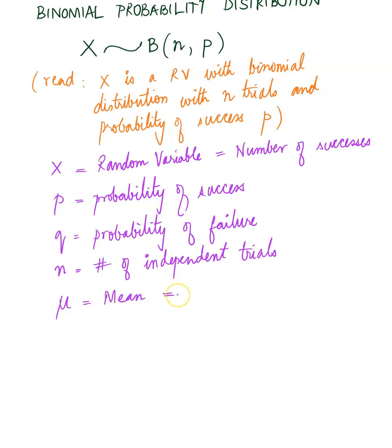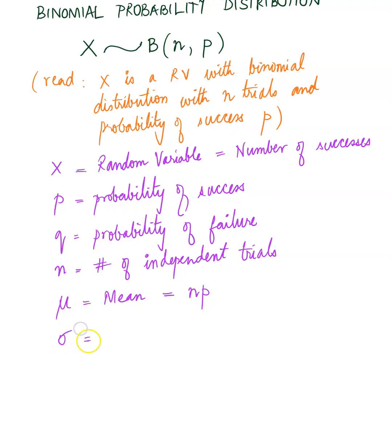What's really nice is, remember in our discrete probability distribution, we found mean by multiplying the x column and the p of x column and adding it up. Here, because it's binomial distribution, the property allows us to use this formula, which is simply n times p. So you're not doing any table as such, right?